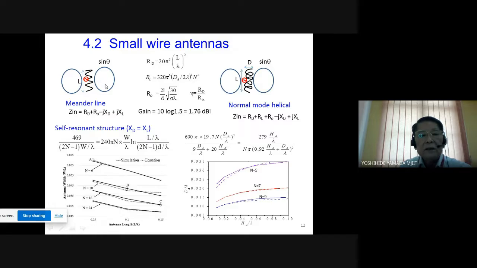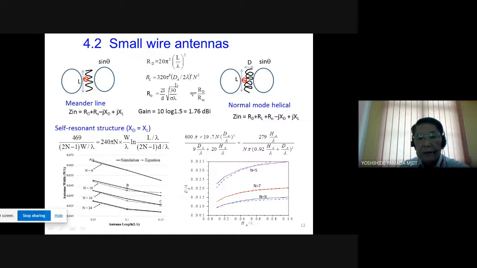This loop or meandering, and RO is the ohmic loss of the wire. In this case, the RD and RL values are very small.